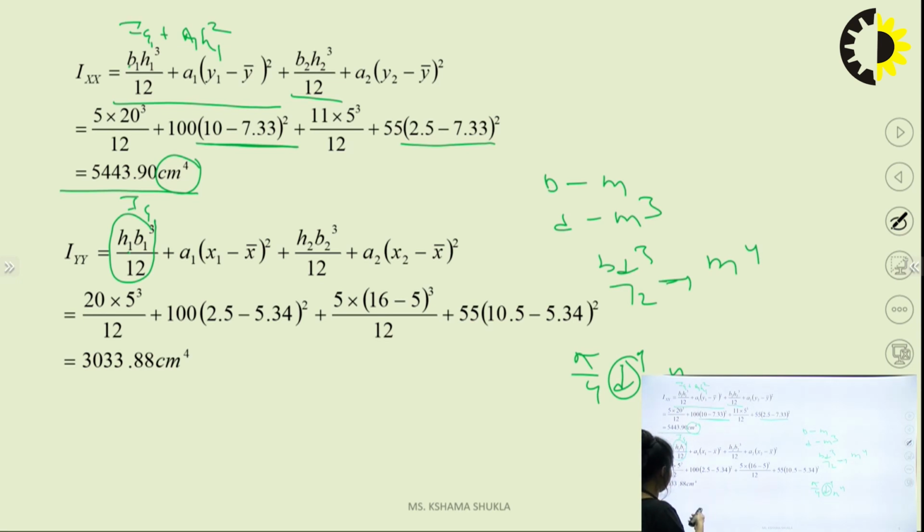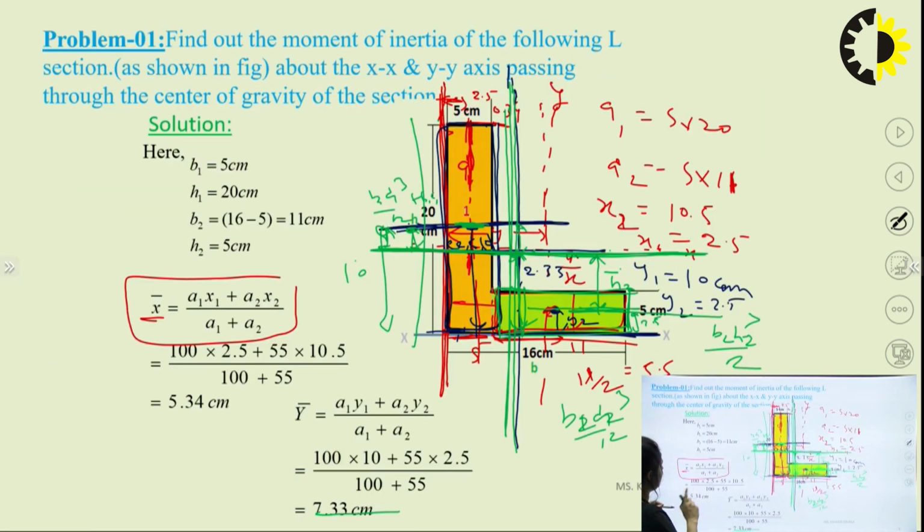Now see, same, I'll take the value from here. The reference axis is this. This is our neutral axis of this particular diagram. I need to find a value about this axis. So our H bar in this question is this horizontal value, which is 2.5.